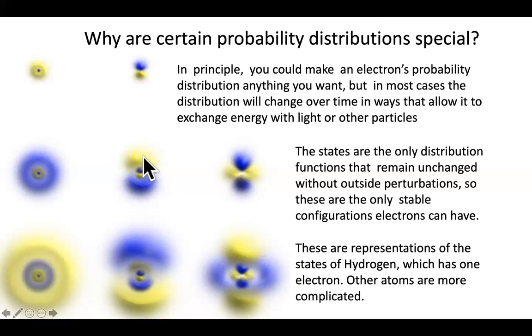And blue versus yellow has to do with the sign of the wave function, which is the thing you square to get the probability distribution. So you have distributions that are symmetrical like these. You also have ones that are not symmetrical like these. These are all allowed states.